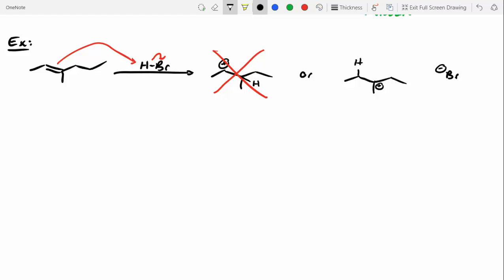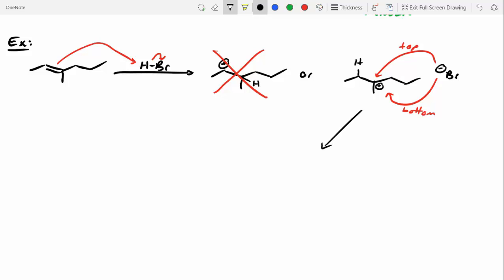So what will the next step be? Oh, I'm forgetting a carbon here. There we go. It'll attack in, and it can attack from either that top face, or it can attack from that bottom face. So let's think about both of these products.